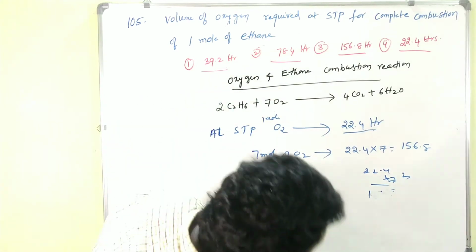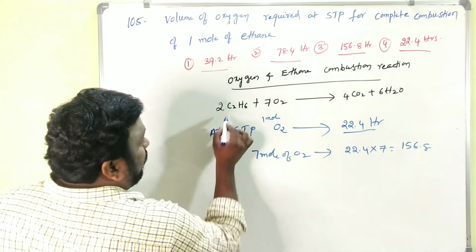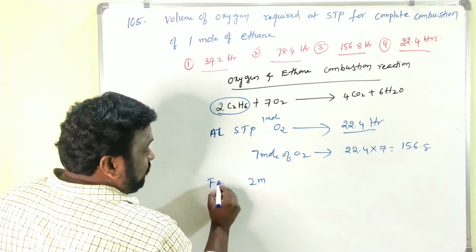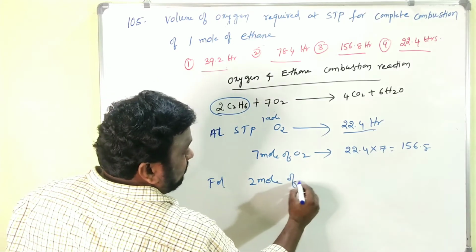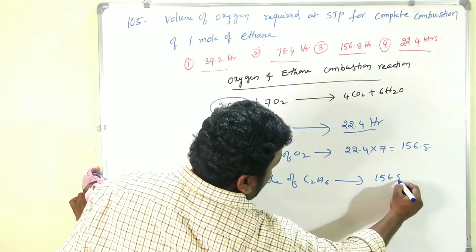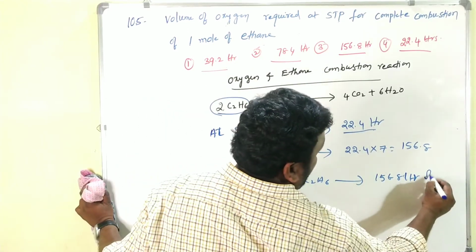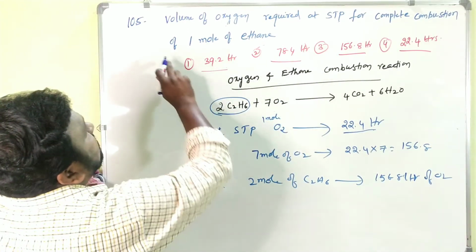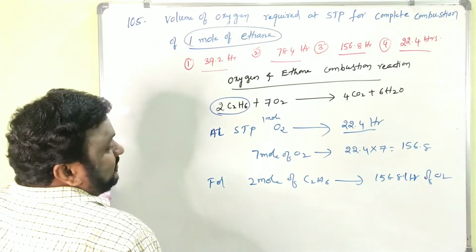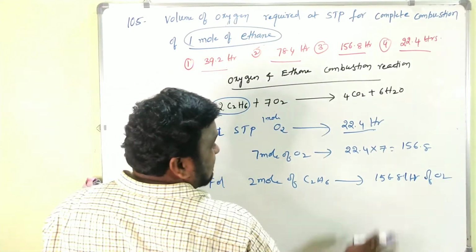156.8. And next, in this case you observe how many moles of ethane there are. For 2 moles of ethane, 156.8 liters of O2 is there. But what he was asking in the question is 1 mole of ethane. For 2 moles, 156.8 liters of oxygen is required.